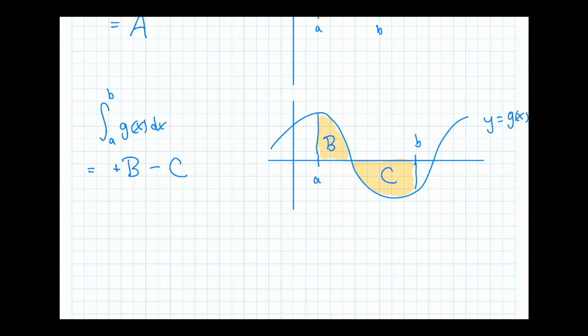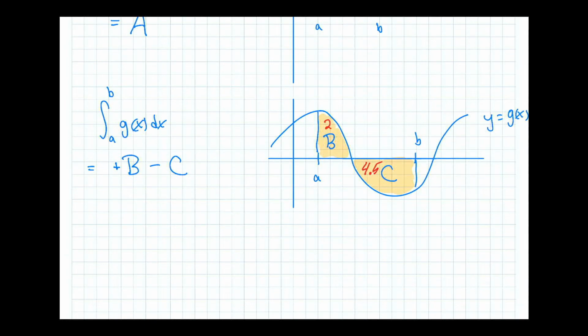So if you knew that this area was, for example, let me just put a couple numbers on here. Like if I knew that this area was 2 and I knew that this area was like 4.5, then the way you would calculate this integral is you would say, well, the positive area was 2 and the negative area was 4.5. And so the result would actually be negative 2.5.